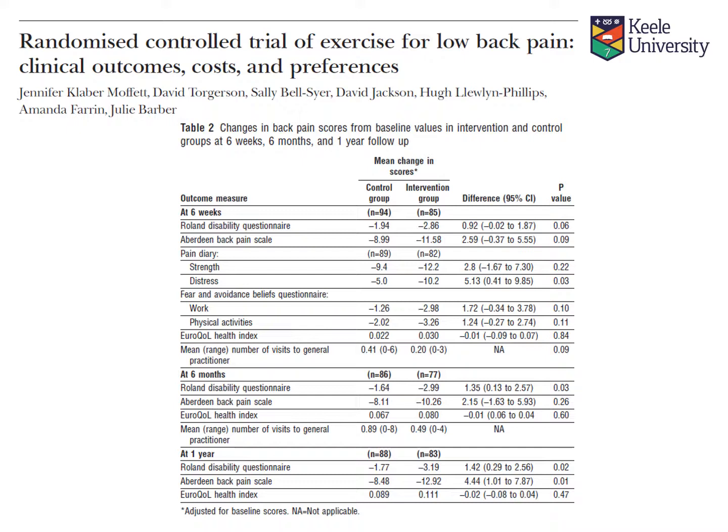We're talking about mean. For a mean, the line of no difference is 0. The range is minus 0.02 to 1.87, meaning it includes 0. So we can tell this is not statistically significant because it includes 0.